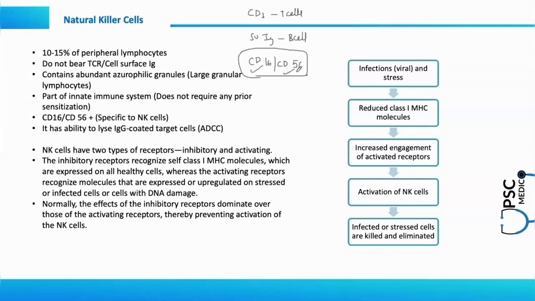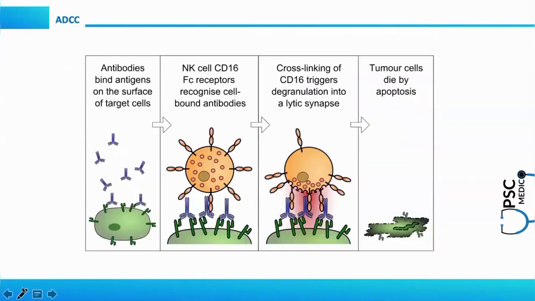Among CD16 and CD56, it is CD16 which takes part in antibody dependent cell mediated cytotoxicity. There will be cross linking of CD16, and this triggers degranulation of the azurophilic granules present in the cytoplasm of the natural killer cell. And there is death of the tumor cells or virus infected cells.